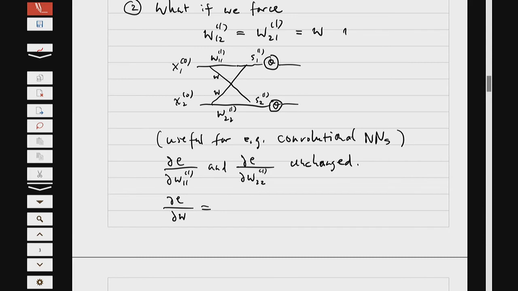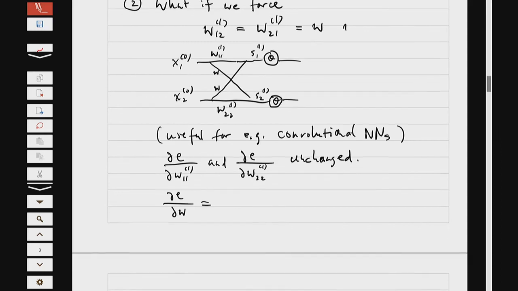So this W, if you change W, you will change both S1 of 1 and S2 of 1. Previously, each edge only changed one of the neurons. Now this same W changes both neurons. But we have done this before, and that's all that we need. Because it changes these two things, we just use that more complicated form of the chain rule of differentiation.